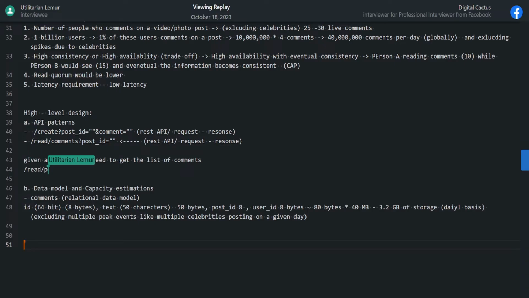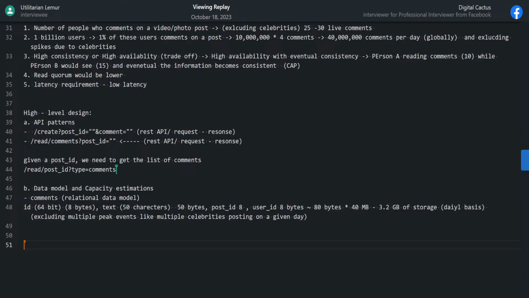Or you can do the other route of read post ID and type equals comments. The idea is that you have a specific path, you get the post ID, and then what type of information you want, which is comments. And each one of these triggers a function on the server side.